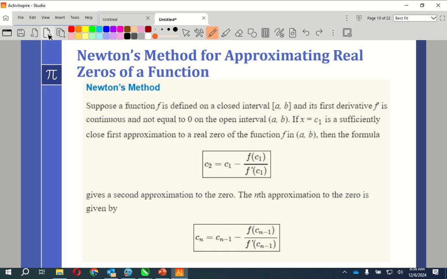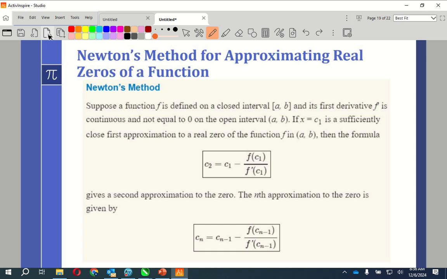It is defined, so I don't have any holes, any undefined points, or any skips in that area. So in between those two in my domain, it all must be real. And the first derivative of f is continuous and not equal to 0.